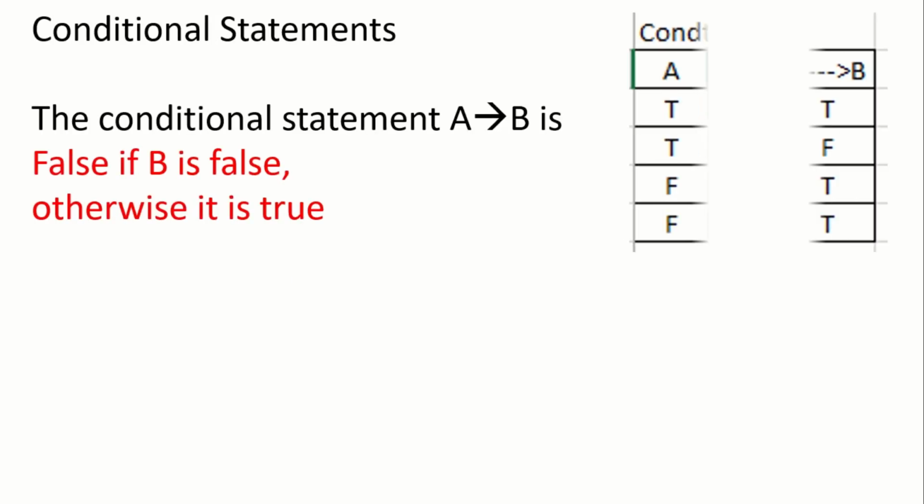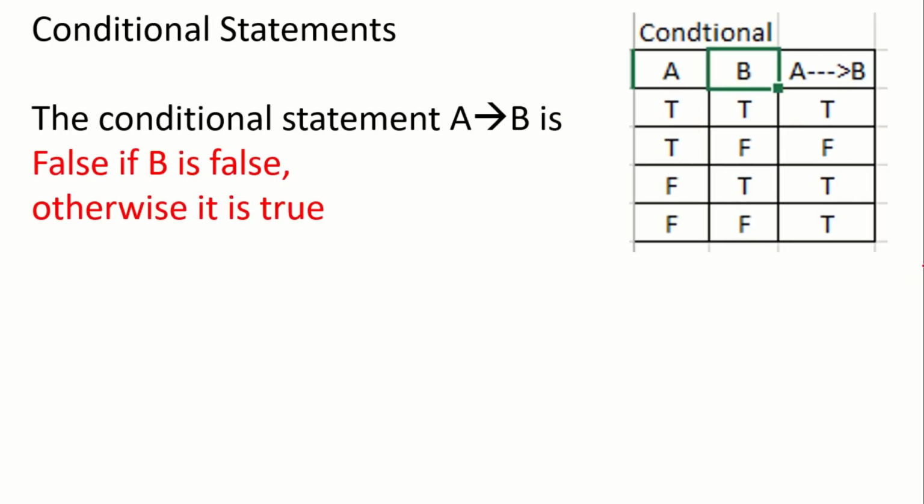Now let's look at the table. The only false overall value is when the second statement, the conclusion, is false. If the premise is true and the conclusion is false, then it is false.